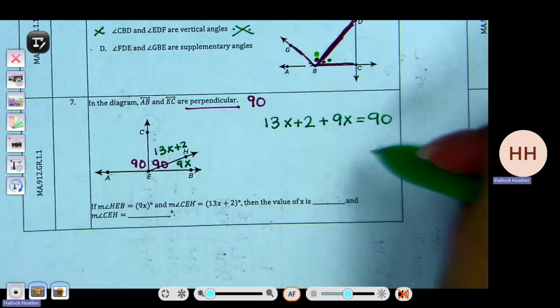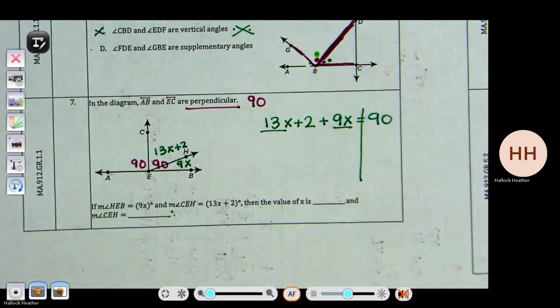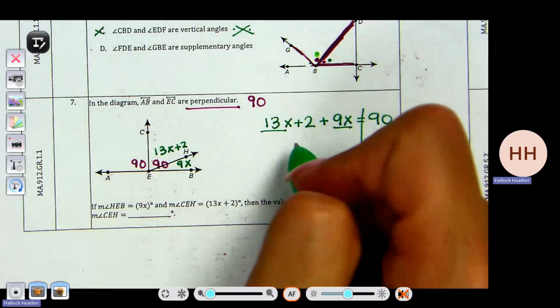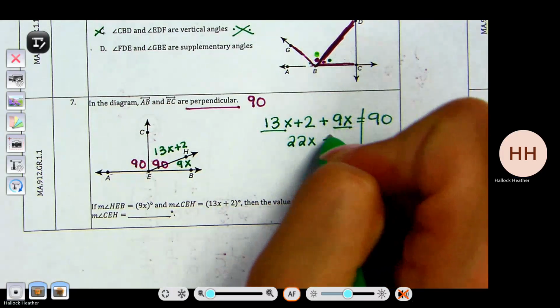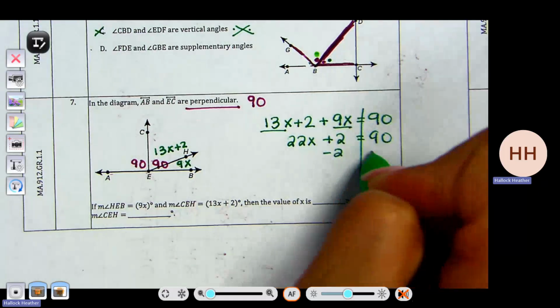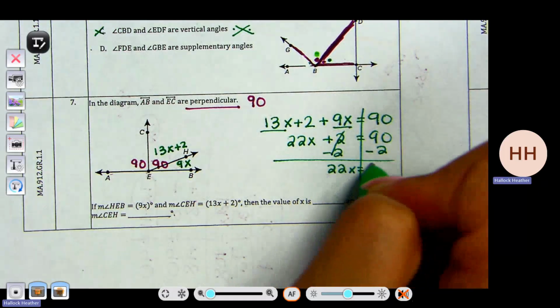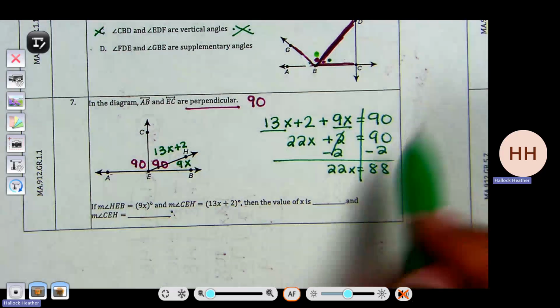If I combine like terms, 13 and 9 make 22. I'm going to minus 12 to both sides. 22x equals 88. And then I divide by 22.